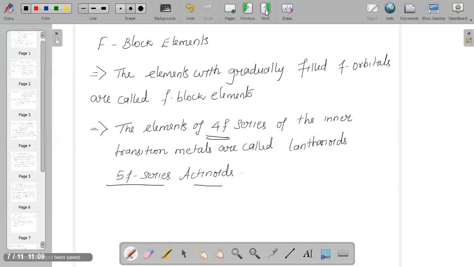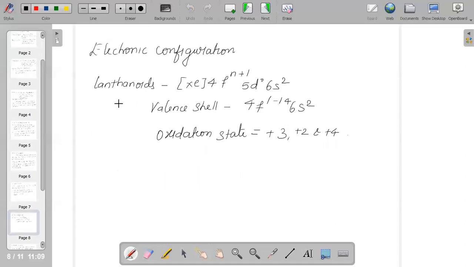And when we talk about the basic electronic configuration of lanthanides, it is [Xe] 4f^(n+1) 5d^0 6s^2, or you can also say [Xe] 4f^n 5d^1 6s^2, and they have the tendency of exhibiting oxidation states of +3, +2, and +4.